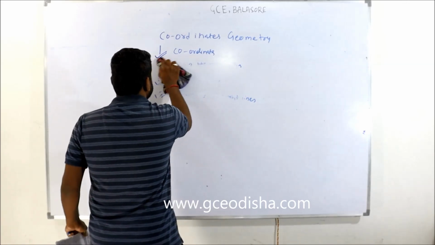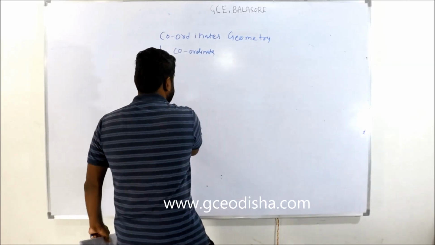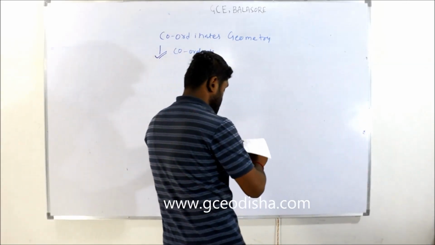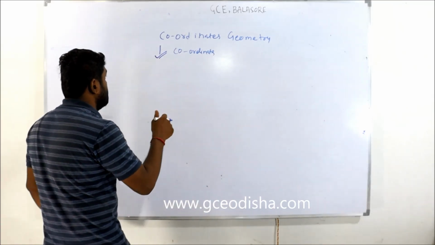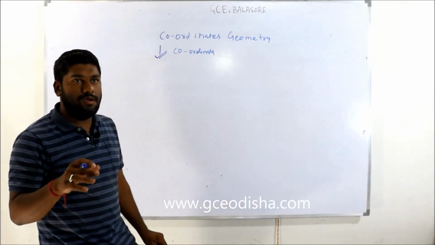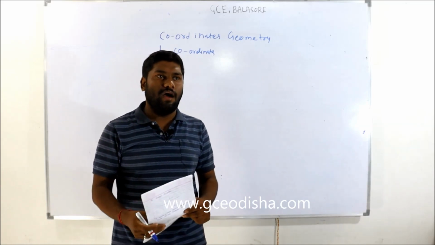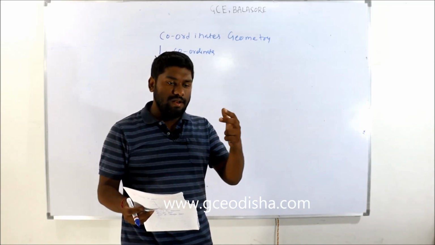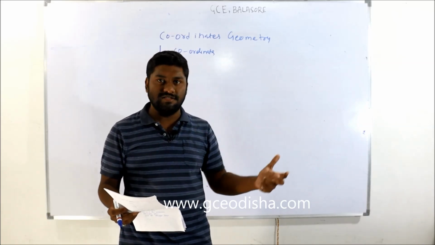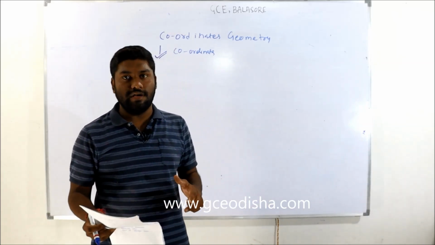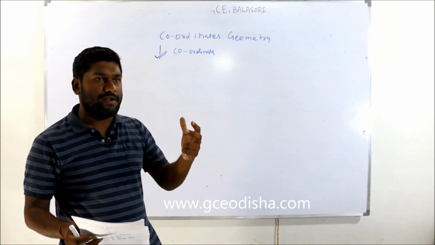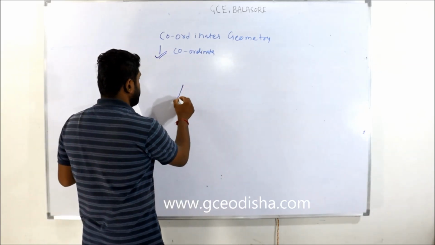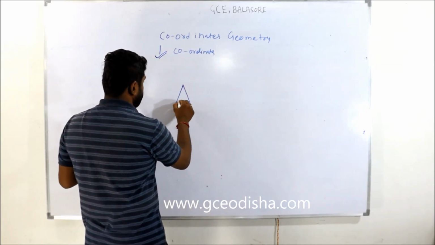Coordinates. First we'll start with coordinates. Coordinates generally mean that we define geometry algebraically by using coordinates. There are shapes in geometry, like a cone.